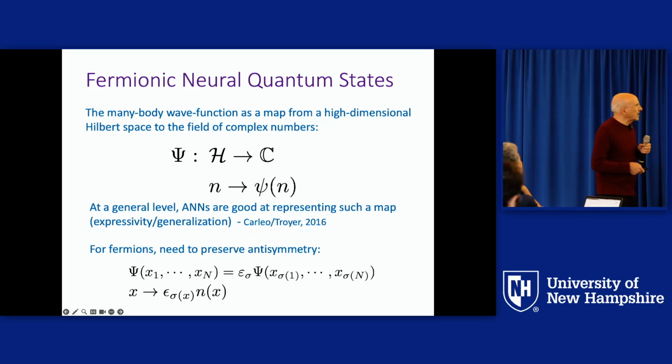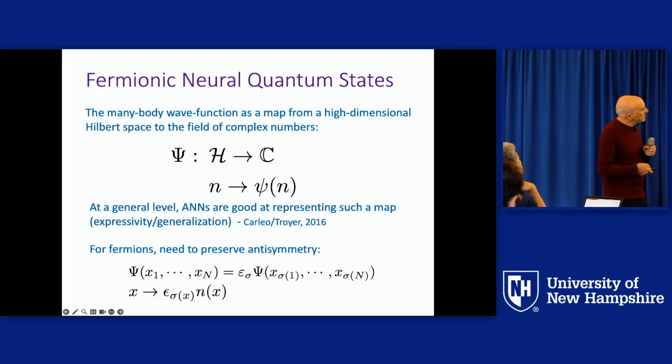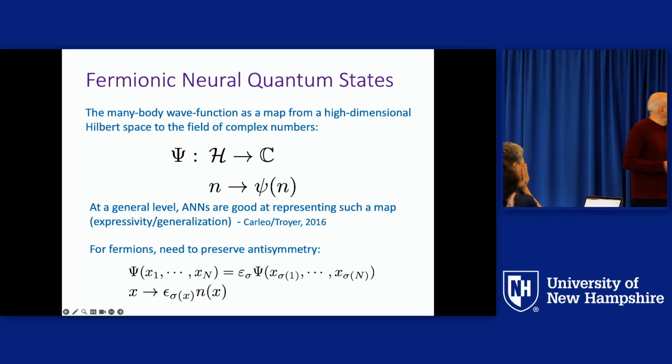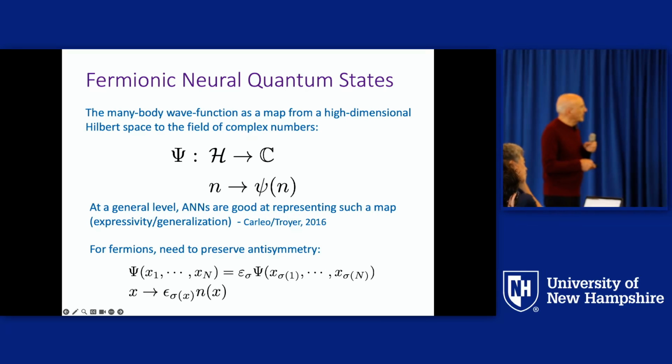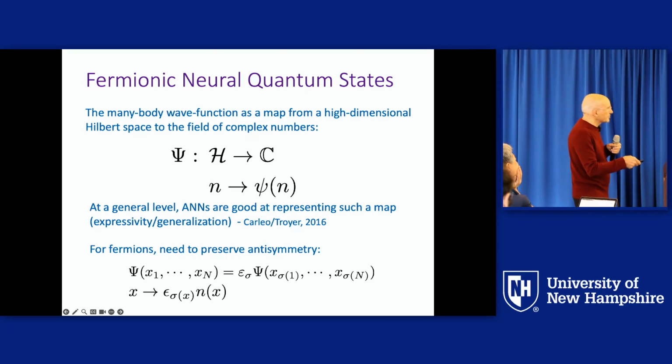This was originally started for spin systems, but in the last several years, we've seen a number of generalizations to fermions. And of course, the challenge there is to learn some sign, because the fermion wave functions have to preserve antisymmetry, which means that if you work in some sort of first quantized manner, you need to ensure the property here.